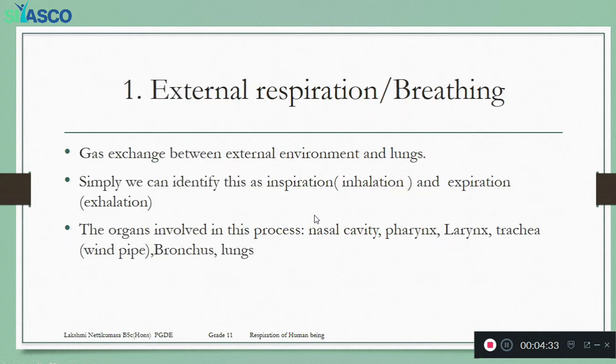What is external respiration, or breathing? Here we discuss gas exchange between the external environment and the lungs. Simply, we can identify this as inspiration or inhalation and expiration or exhalation, breathing in and breathing out. What are the organs involved in this process?